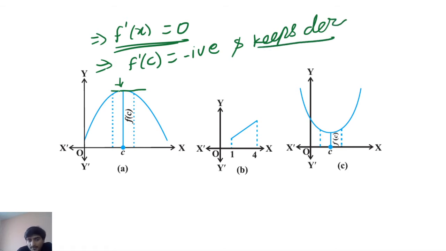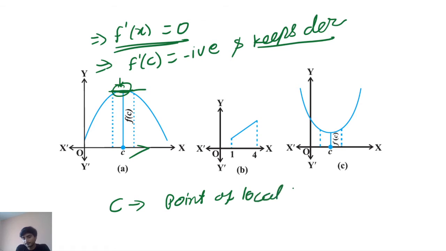After this value, as we move towards the positive x-axis, this value should keep on decreasing. That's why c will be called the point of local maximum, and f of c will be known as local maximum.